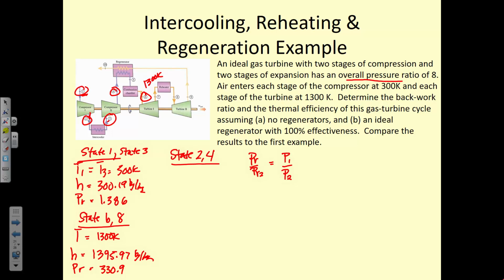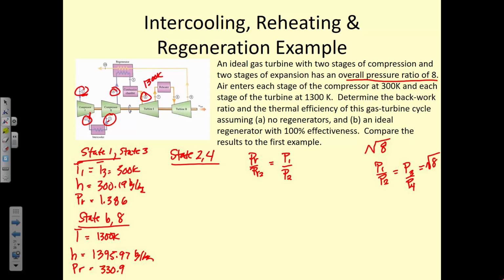Because the overall pressure ratio is 8, the pressure ratio across each stage is going to be the square root of 8. And that's to have the maximum possible scenario. So if P1 over P2 is equal to P3 over P4, then it equals the square root of the pressure ratio 8, P1 over P4. And that's from chapter 7.